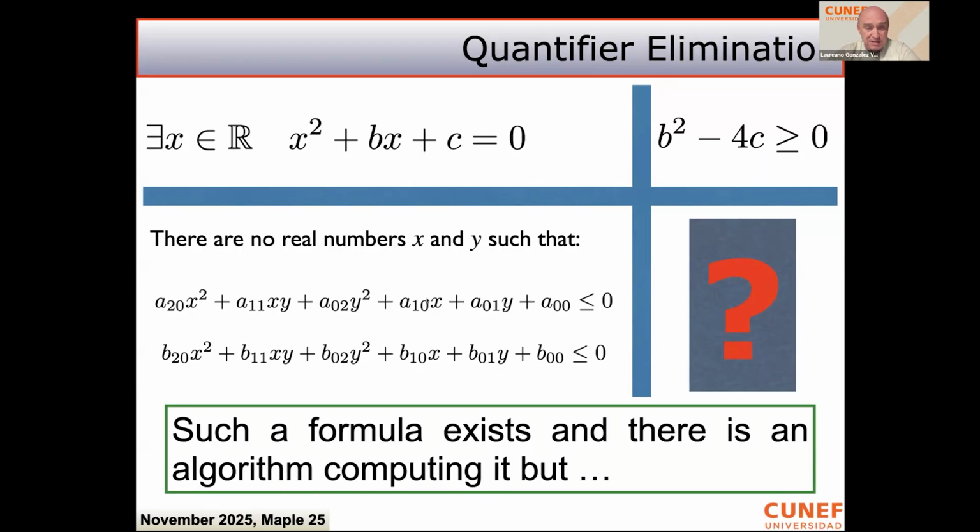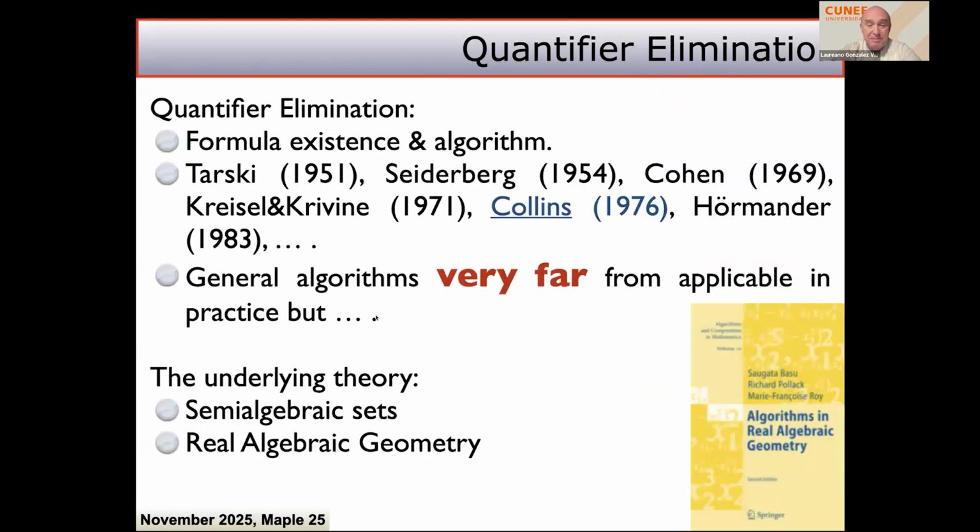Two quadratic equations in x and y, and we are looking for the conditions on the coefficients in order for these two, for example ellipses, not to share any common interior point, or, in some sense, to be separated by a line. Fortunately, using quantifier elimination, this formula exists, but it is very complicated.